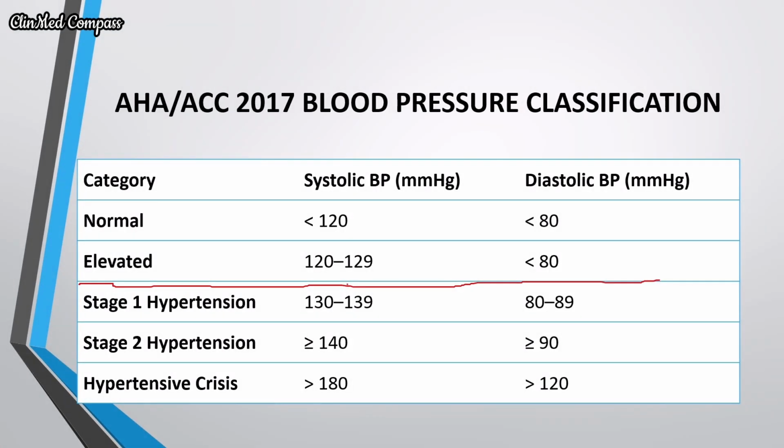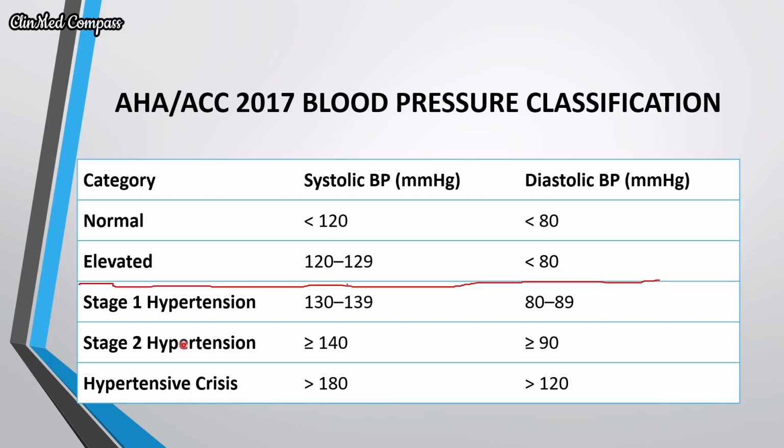This is the American Heart Association and American College of Cardiology blood pressure classification. This guideline made a bold move by redefining hypertension at a lower threshold of 130/80. The classification includes normal, elevated, stage 1 and 2, and the hypertensive crisis.